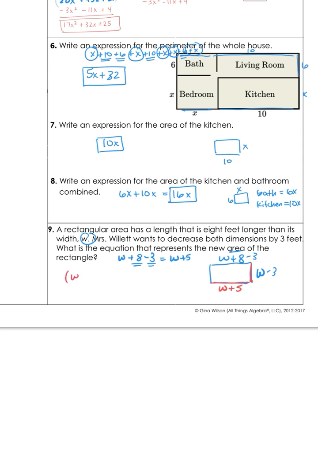So if I do W plus 5 times W minus 3, then I just multiply them like I've been doing. So I have W squared minus 3W, and then plus 5W, and then minus 15. So I'm going to combine my like terms, these two in the middle. So I've got W squared plus 2W minus 15. And there you have it.